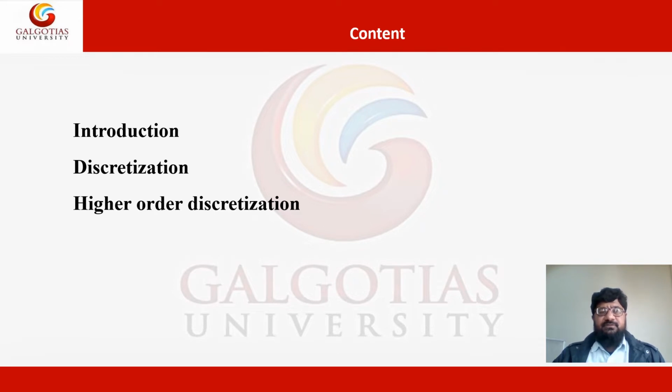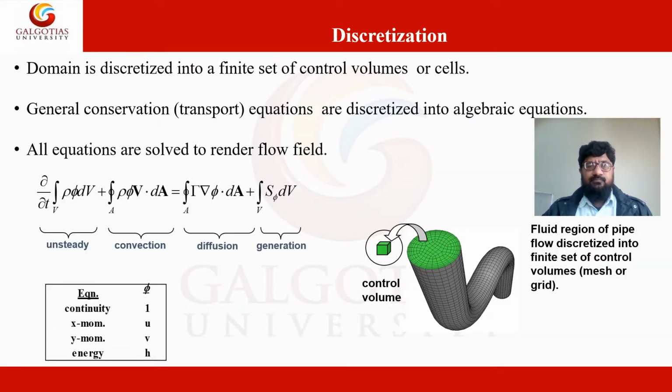So in fact, the discretization is the crux of CFD, in which we replace the derivative terms by some equivalent formula. So if you have a domain like this, by discretization we mean breaking up this whole domain into small parts, which can be called control volumes.